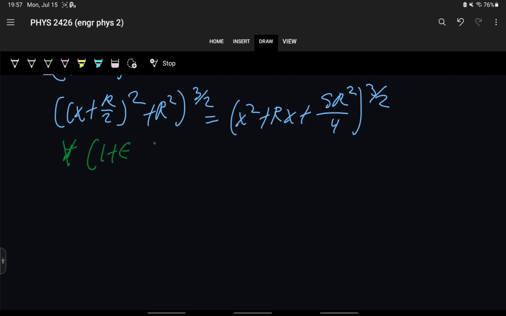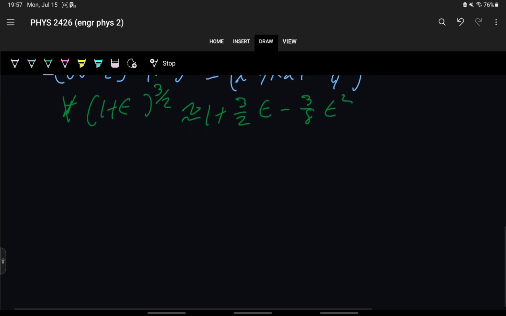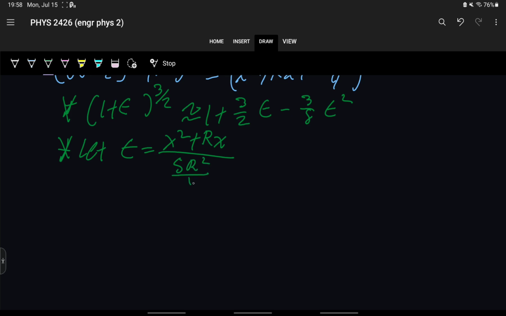1 plus e to the 3 halves is similar to 1 plus 3 over 2 e minus 3 over 8 e squared. And so we're going to let e equal x squared plus r times x all divided by 5r squared all over 4.